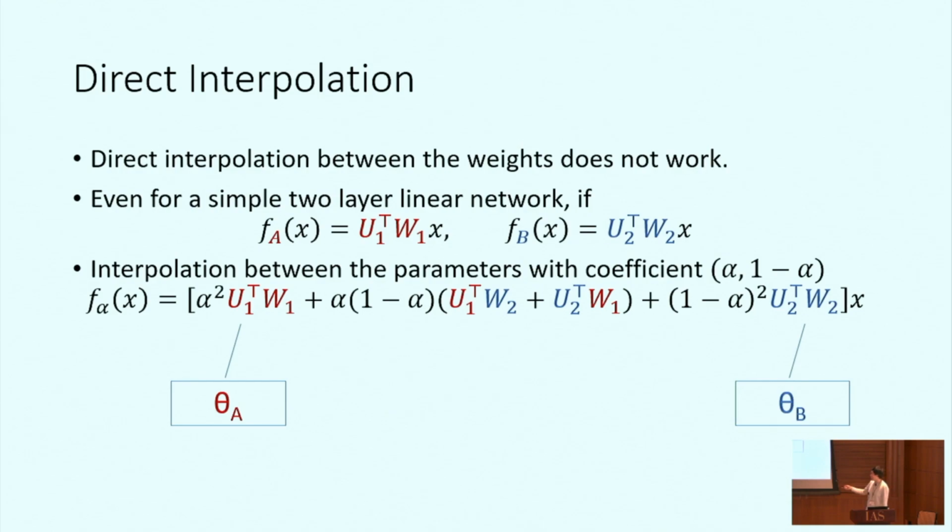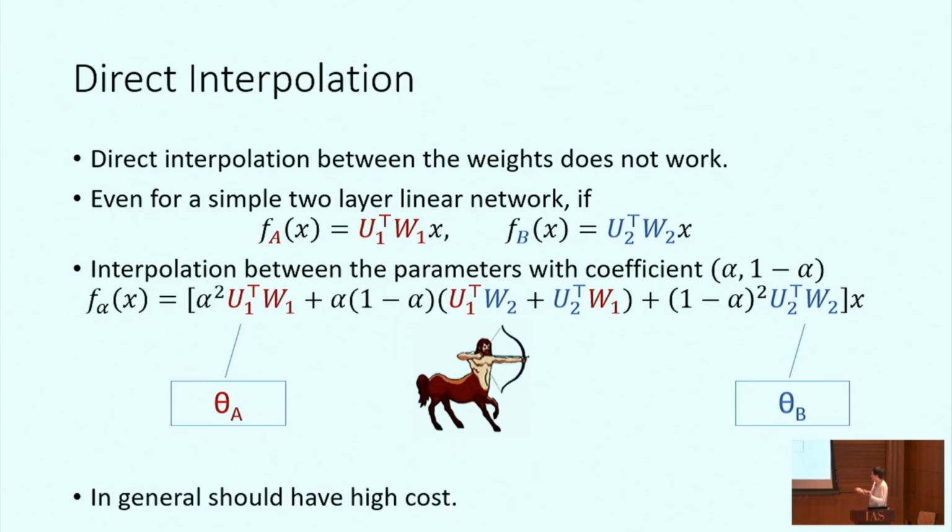But you also get this intermediate term that corresponds to a mixture of the two networks, reminiscent of a centaur, which is half human, half horse. And this term is really hard to handle, right? We don't know what it does because it combines parameters from two networks. So in general, linear interpolation should not work and it should have high cost.